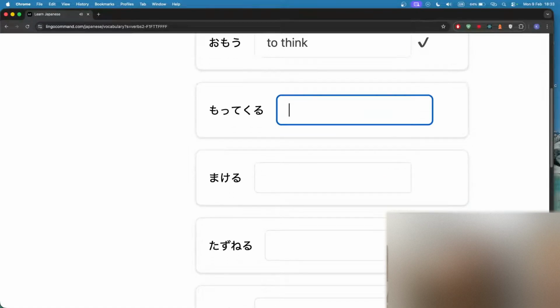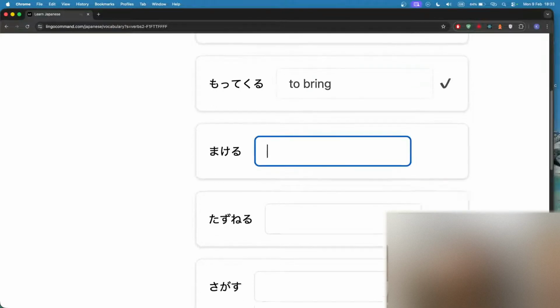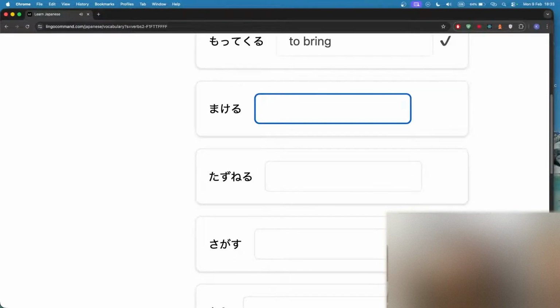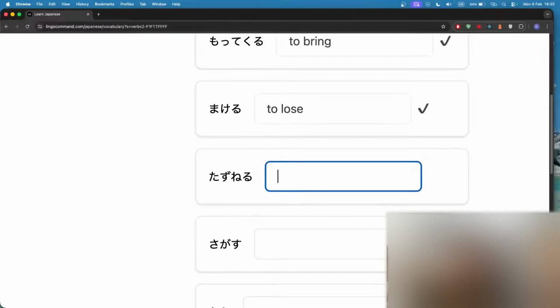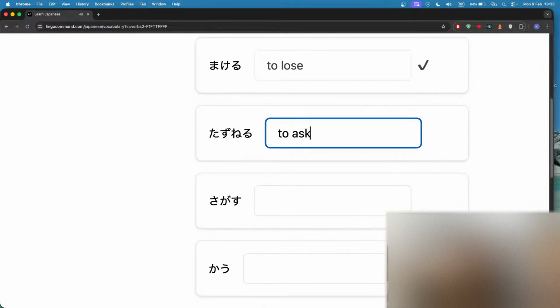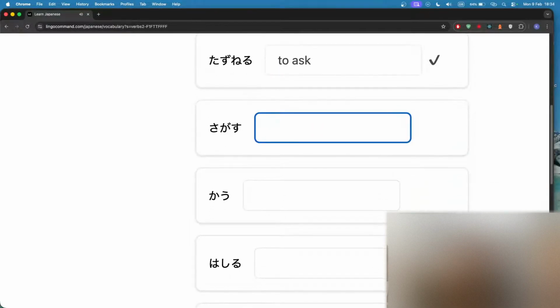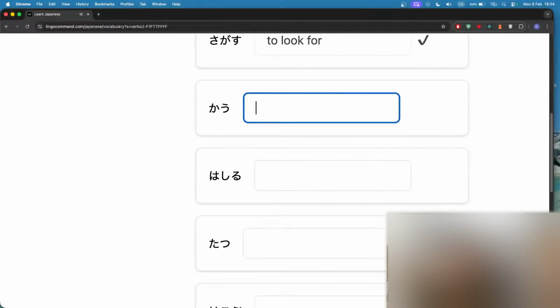Motte kuru is to bring. Makeru is to lose. Tazuneru is to ask. Sagasu is to look for. And kau is to buy.